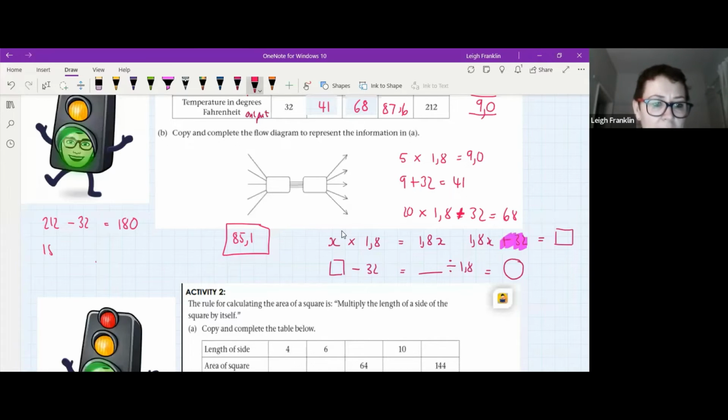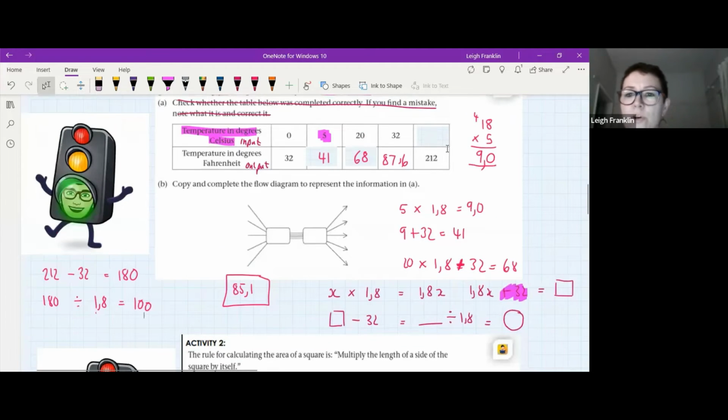Then I have to take 180 and divide it by 1,8. And that leaves me with 100. So yes, Asimahle, you were correct. Let's just make sure that that's correct under there. There we go. Well done. Very good. Nice one.